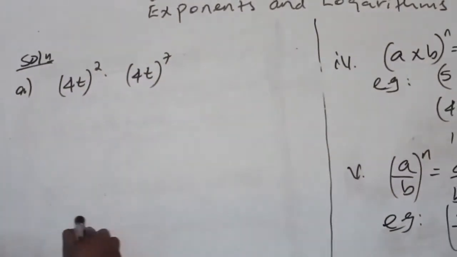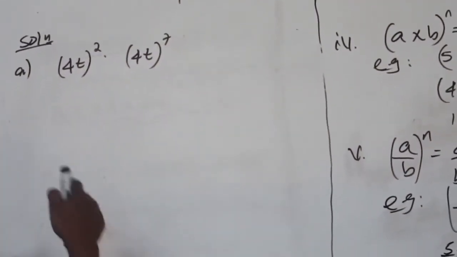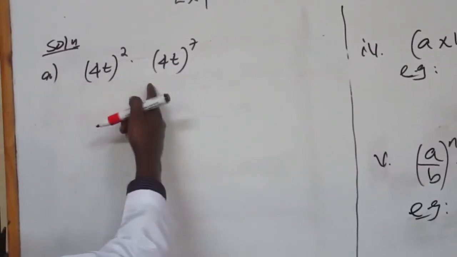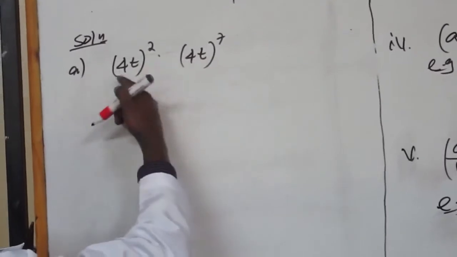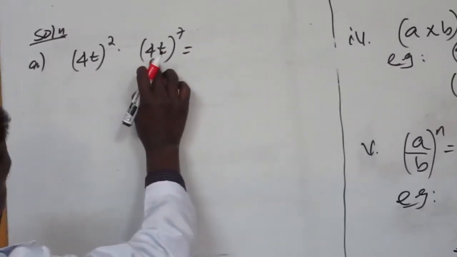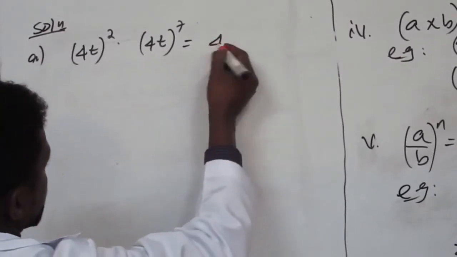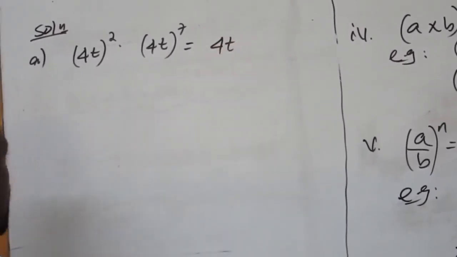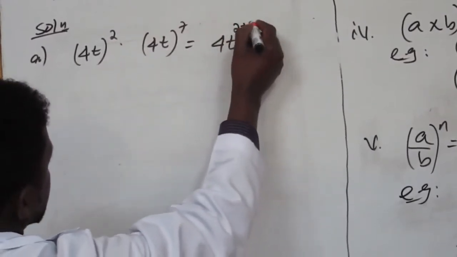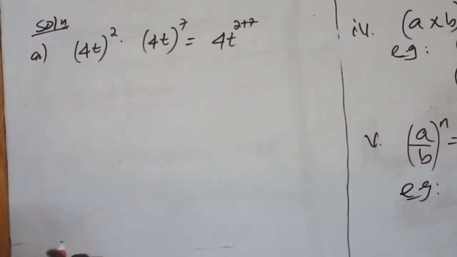The first rule says that for the same base, when we multiply two powers, we can add the exponents if the bases are the same. In this case, 4t is 4t, so we take the base 4t and add the exponents, 2 plus 7, because the bases are similar.